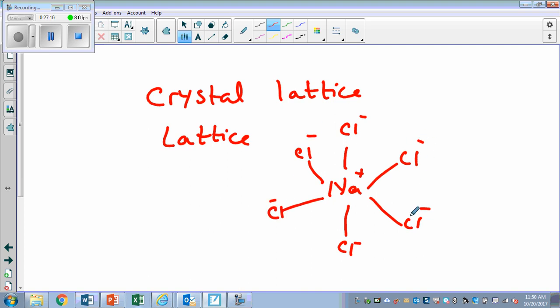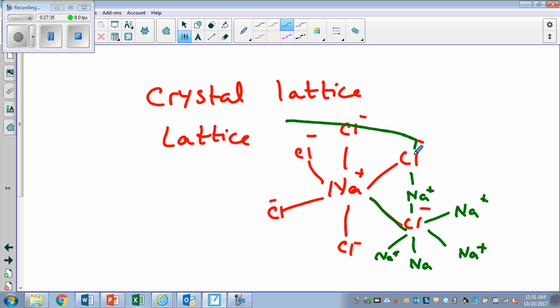Then each chloride ion is surrounded by sodium ions. You see, this is also surrounded by sodium ions. My point is that this arrangement is repeated. This is one unit cell, and then it multiplies. It goes like this.